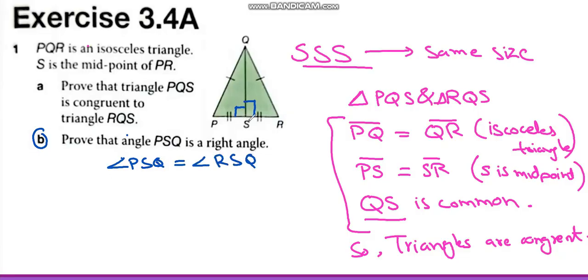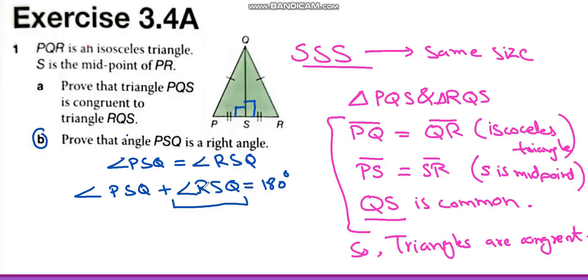If we carefully observe, these two angles are on a straight line, so the sum of PSQ and RSQ should be equal to 180 degrees. We can replace RSQ with PSQ because we already know that angles PSQ and RSQ are the same size because of the congruent triangles.